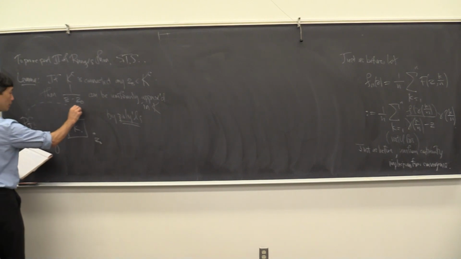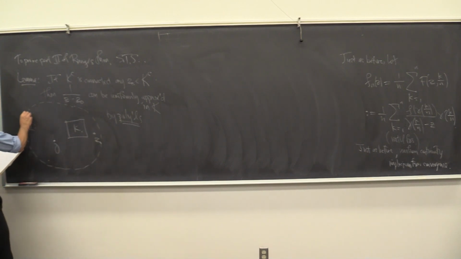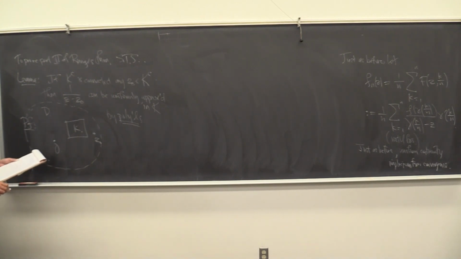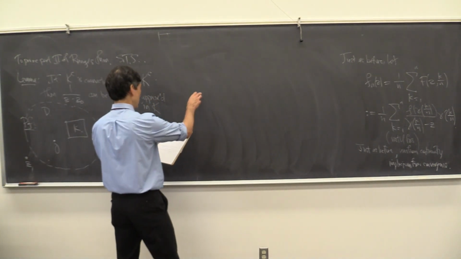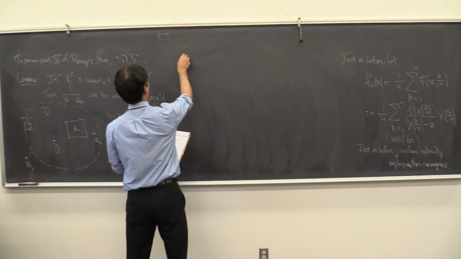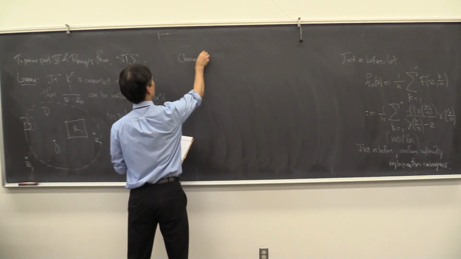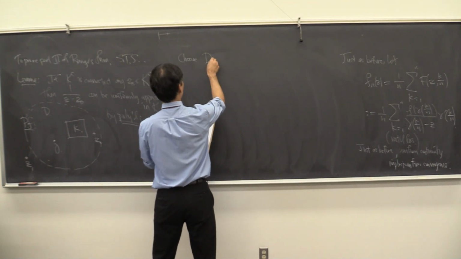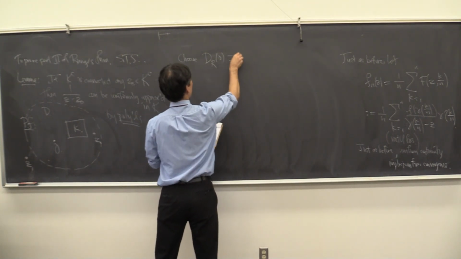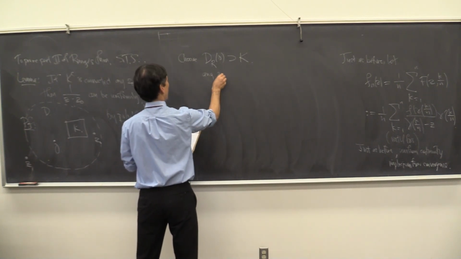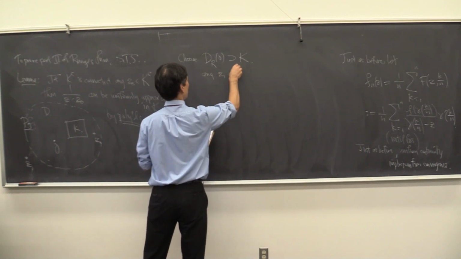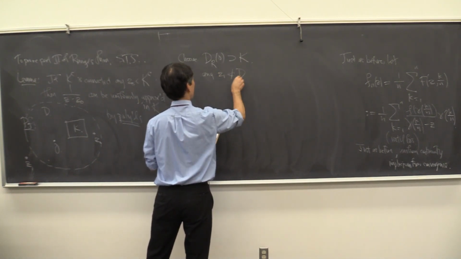We take a disk that's big enough to contain K, and choose a Z1 that's outside of it. In other words, choose a disk D centered at the origin that contains K, and choose any point Z1 that's outside of the disk.